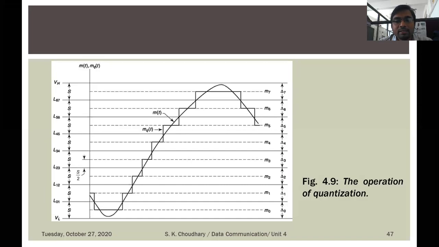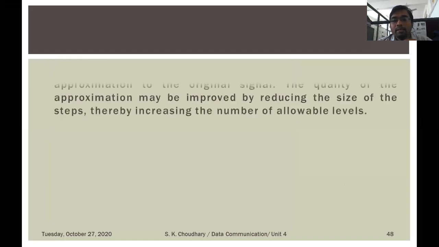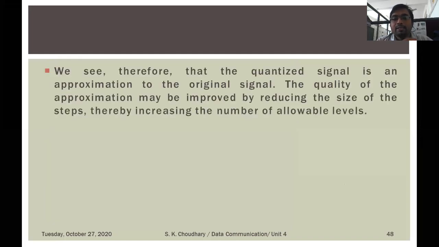And if the step size is decreased, then a better approximation can be done, and you get a better quantized signal at the output, near to the exact analog signal. So how do we improve the approximation? By increasing the number of quantization levels or reducing the size of the steps.